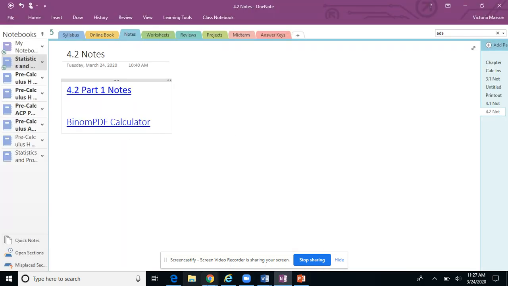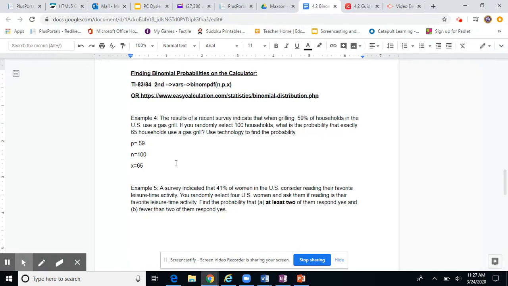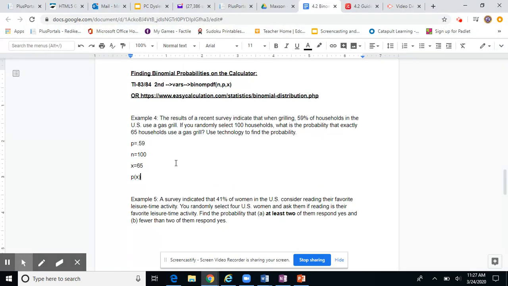So our probability of x would be 0.039, which equals about 3.9%. So you would assume that there's about a 4% probability that you have a success.